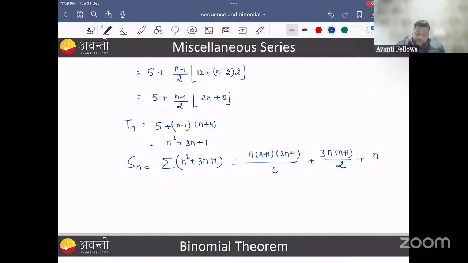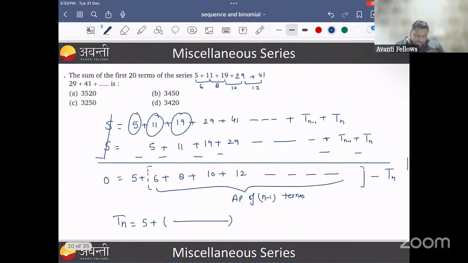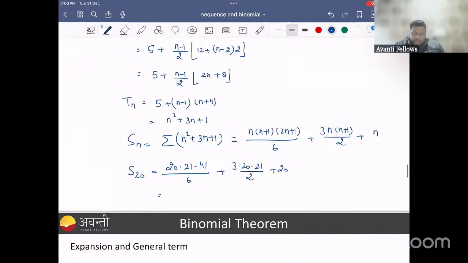And now in this entire expression, put n as 20. So it is 20 into 21 into 41 upon 6 plus 3 times 20 into 21 upon 2 plus 20. Got it? Now you simplify it, you will get one of the answers, which is a 4-digit number in the options.